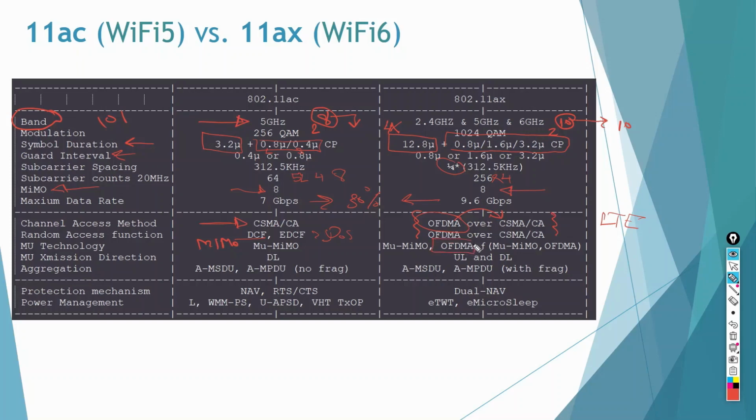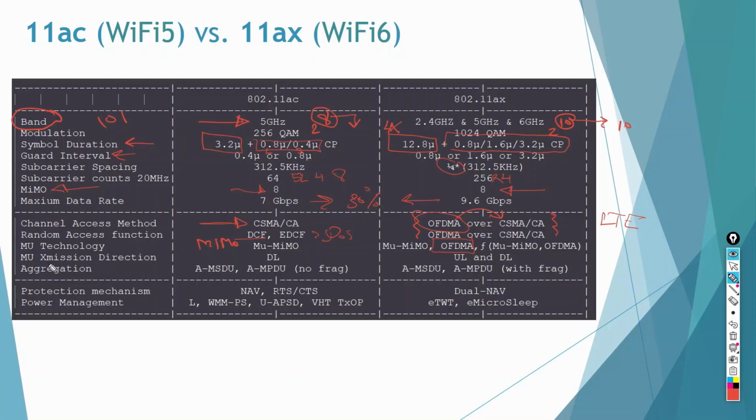OFDMA by itself is a multi-user technology used to multiplex multiple users within a channel. So we use that, and we have the benefit of combining both multi-user MIMO and OFDMA to come up with the best of both worlds. We will show that also later on in the slides.